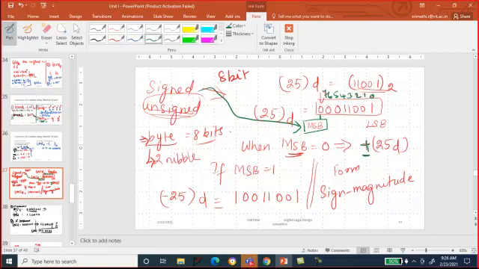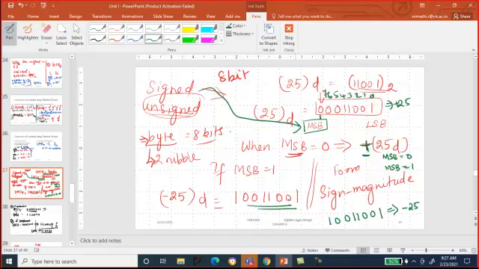For a signed number, if I want to represent a plus 25 number, the most significant bit will be 0, and if I want to represent minus 25d, the most significant bit will be 1, indicating the sign. So plus 25d is represented like this, whereas negative 25d will be represented as 10011001.